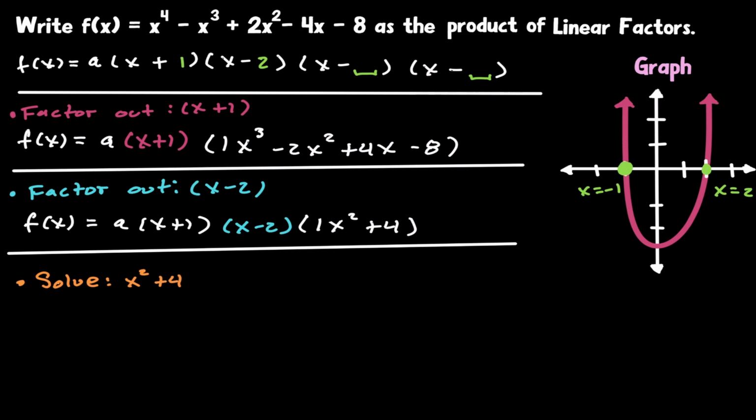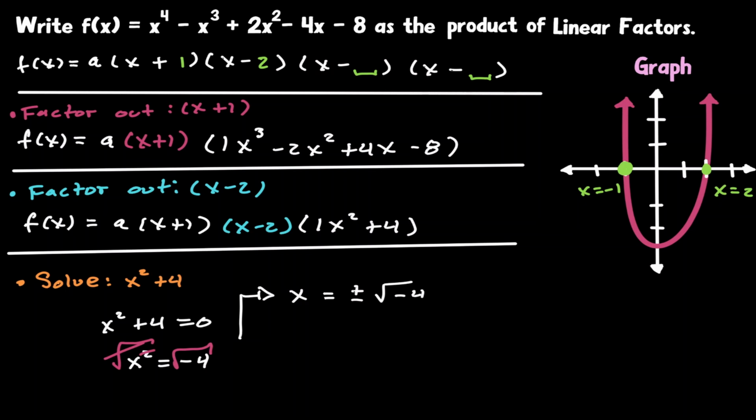Let's set it equal to 0. Move the 4 to the right by subtracting. And let's solve for x by taking the square root. So we have that x is equivalent to plus or minus the square root of -4. But we can write this down as positive 2i and negative 2i.